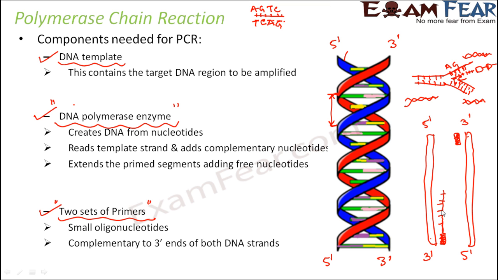So DNA polymerase will keep on adding more and more nucleotides to the primer. Similarly in this case also. As a result, here you get another strand which runs from 3' to 5', and here you get another strand which is running from 5' to 3'.